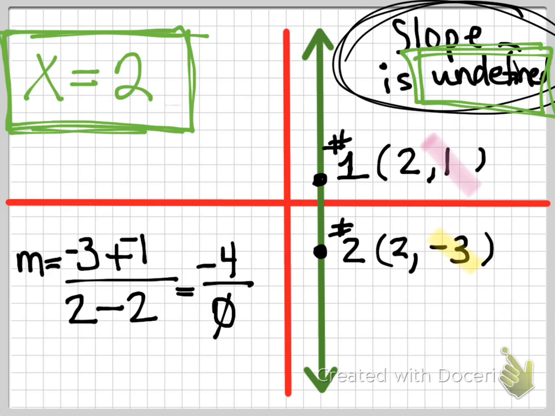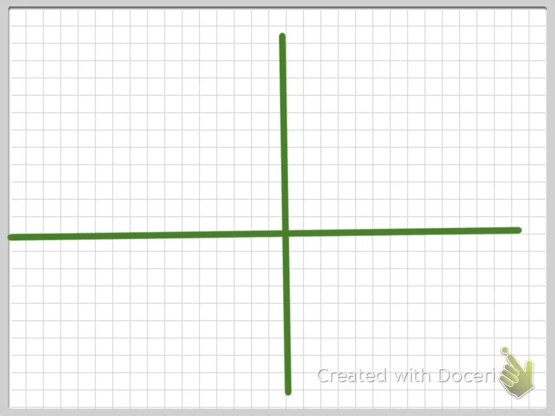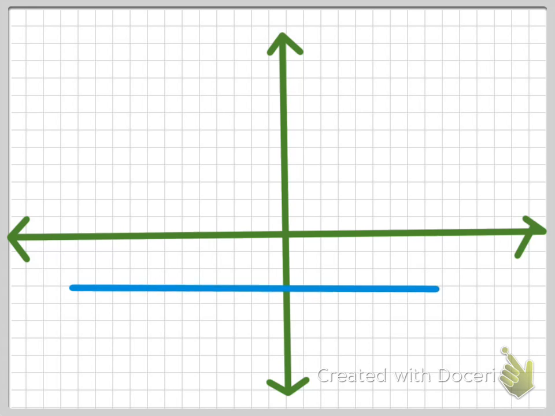So that leads me to the next type of line, which would be one that was flat or horizontal. So let's look at the equation y equals negative 3. So that would be this line here.